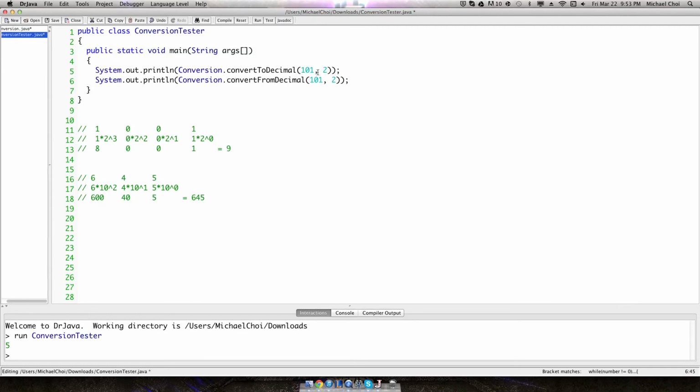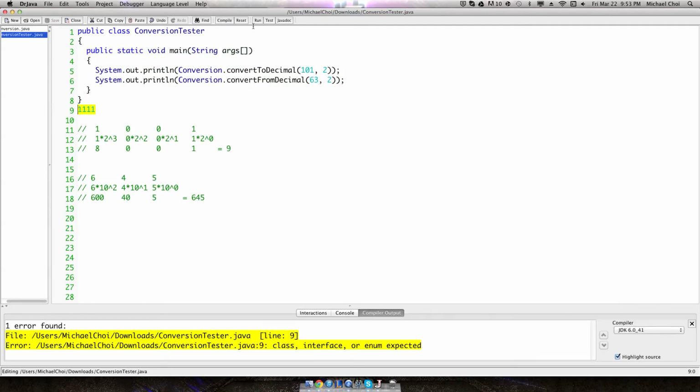So let's see if this works. If I have a number like 63 and I want to convert that to base 2, without doing the calculations because I don't want to bore you guys, it should be 111111, something like that. Oops, wait. 1, 2, 4, 8, 16, 32.